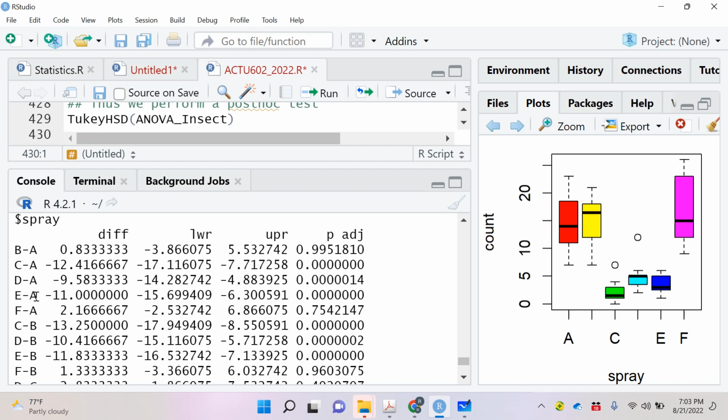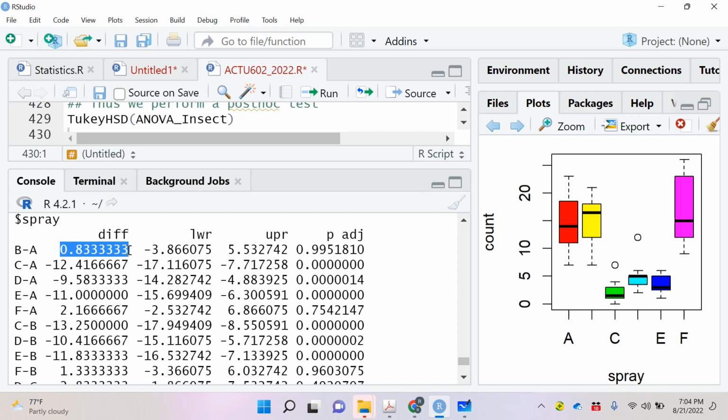Here, the first one is the difference between B and A. The difference is positive. So what does it mean? It means B has a larger count than A. If we get negative, it's the other way around.